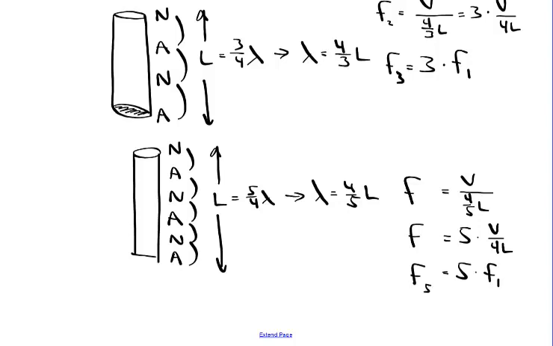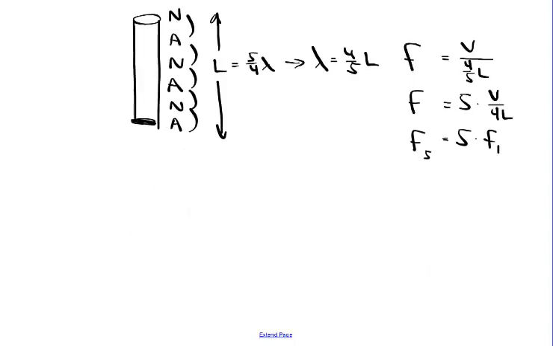And what I think you can see here is that this pattern is going to skip the even-numbered frequencies. So the even-numbered harmonics don't exist on a pipe that is closed at one end. To summarize this, if it is closed at one end, which we call a closed pipe, if it's closed at both ends, well, that's just kind of ridiculous, isn't it? It's not going to make much of a musical instrument if it's closed at both ends.